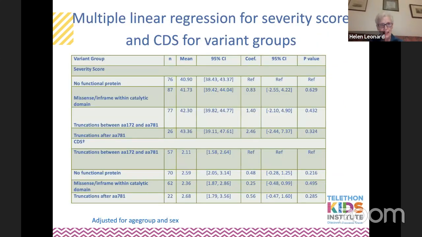Now, this next table shows the severity score and the development score according to the large mutation groups. So if we start down here, I'm looking at the development score, and I've highlighted here the truncations after AA781, because they have the highest development score compared with the 2.11 for the truncations between AA172 and AA781, which is the lowest.